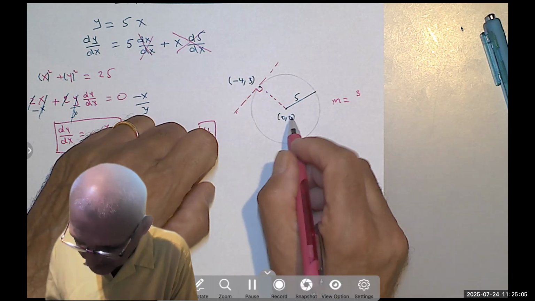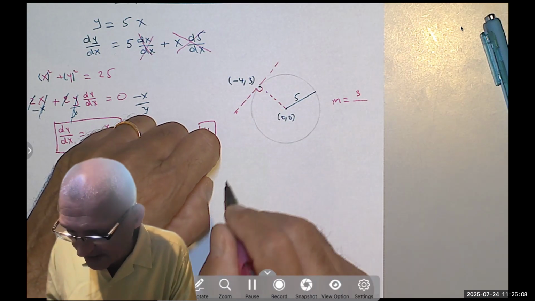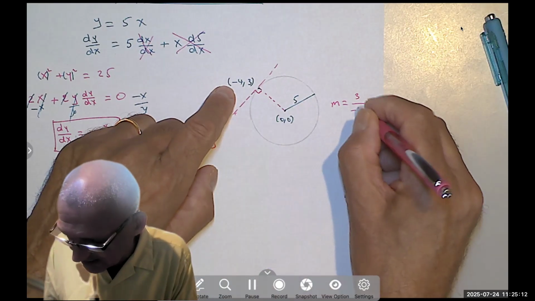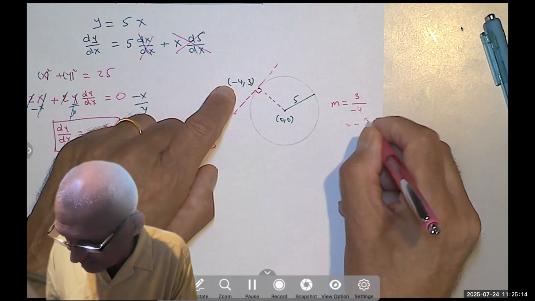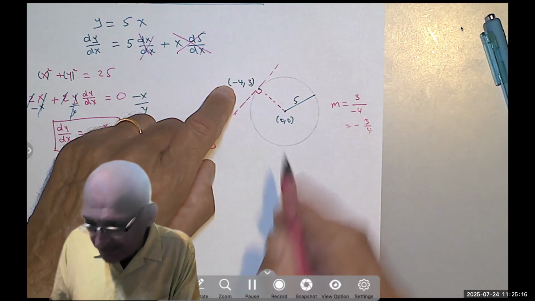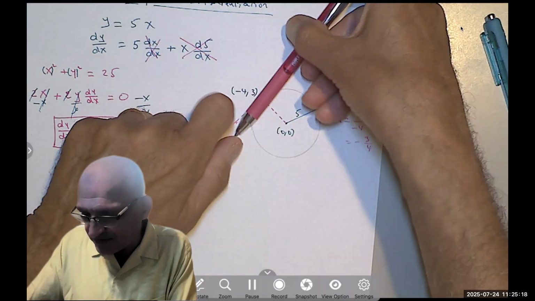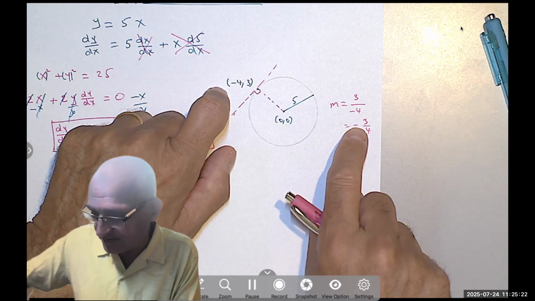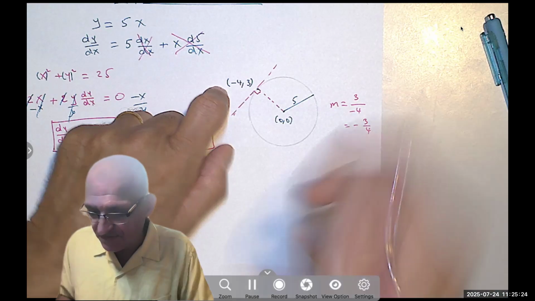So I go from 0 to 3. That's an increment of 3. I go from 0 to negative 4 in the x, which is negative 4. So it's negative 3/4. Meaning that the slope of the tangent is the negative reciprocal. Negative times negative is positive. The reciprocal of 3/4 is 4/3.